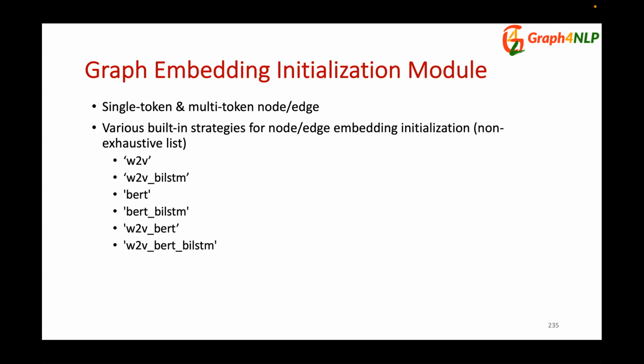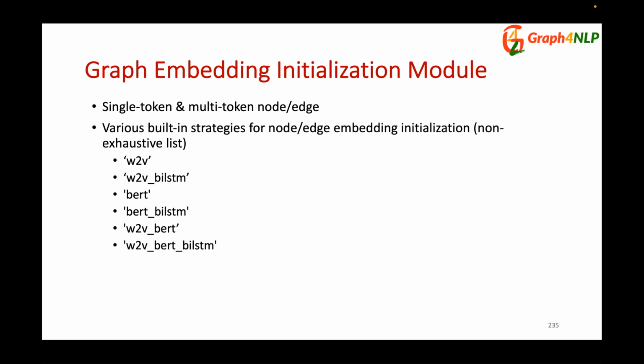And we also provide various building strategies for node or edge embedding initialization. So here's a non-exclusive list. Let's talk about the multi-token node scenario. We have a graph of nodes. Each node contains, for example, a text sequence, which means it has multiple tokens.